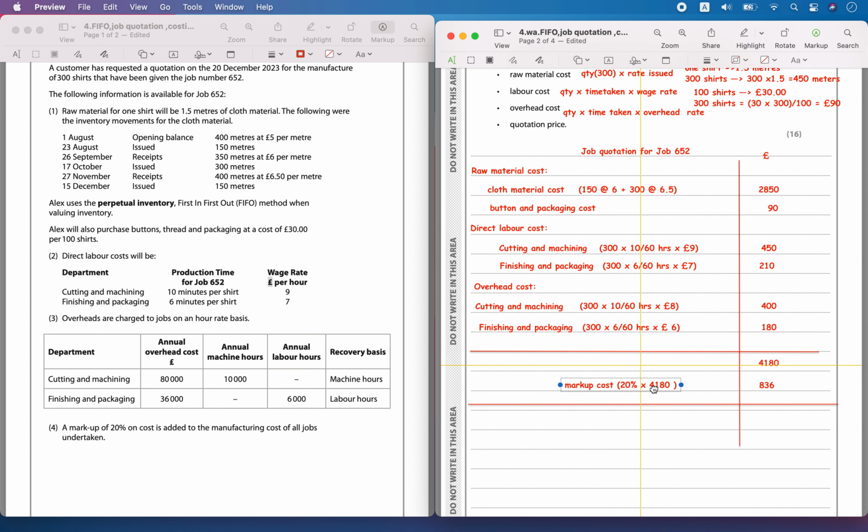This is the markup cost or the profit margin which I am adding. So let's name it as profit margin. And finally we get the quotation price. That's going to be 4180 plus 836, which is equal to 5016.